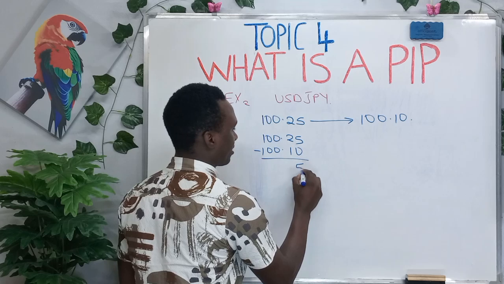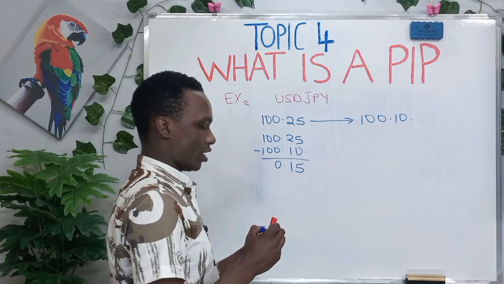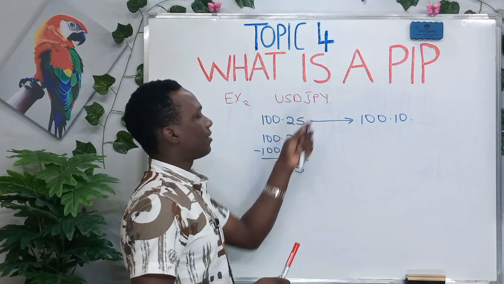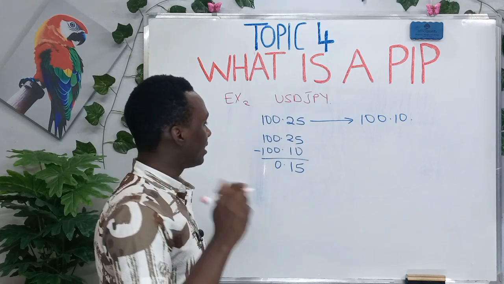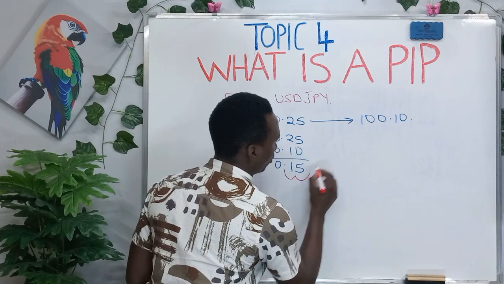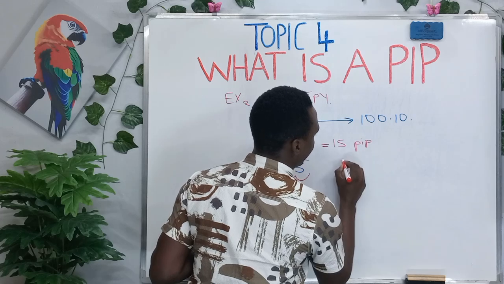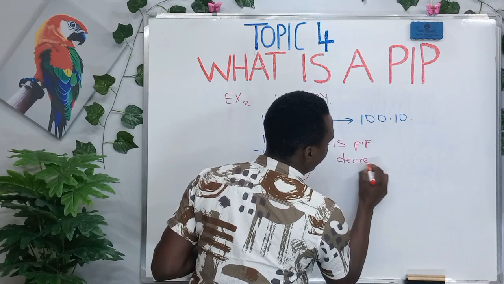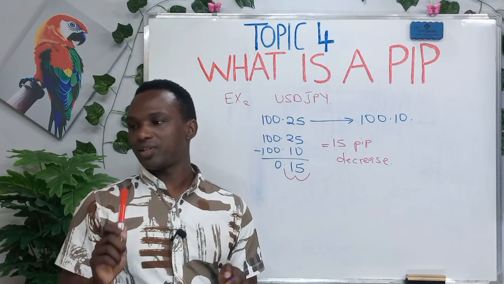So here it is 0.15. We had said that for JPY pairs, we look at the second decimal, so we move it twice. So it is 15 pips, and it is a decrease. Any question up to that point?